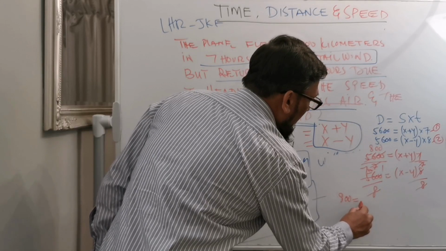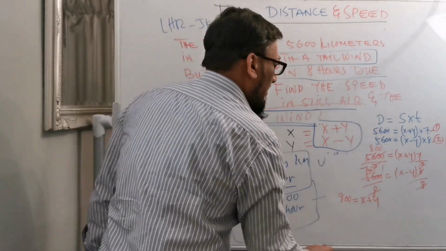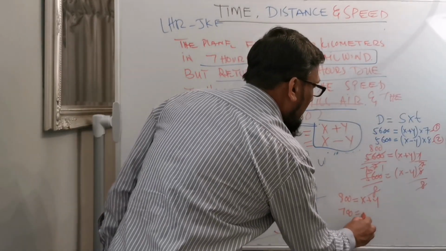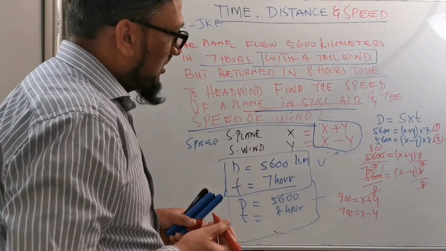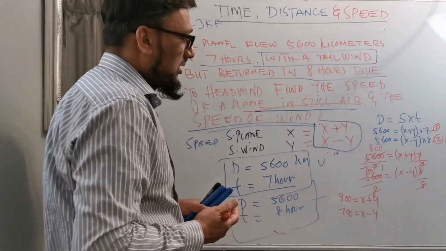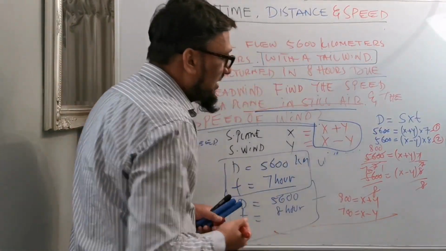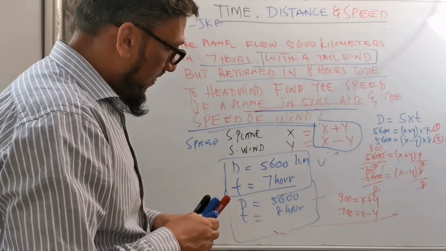800 equal to x plus y and 700 equal to x minus y. So this is the equation number, I say 3 or 4. And you can simplify this equation very easily. You just add these two equations.